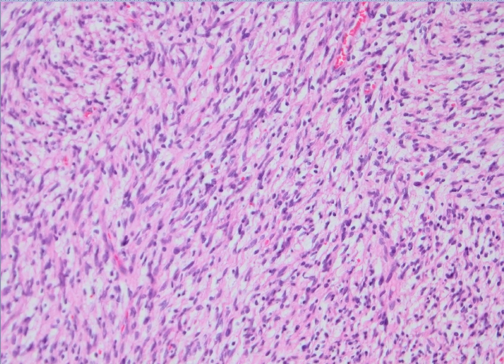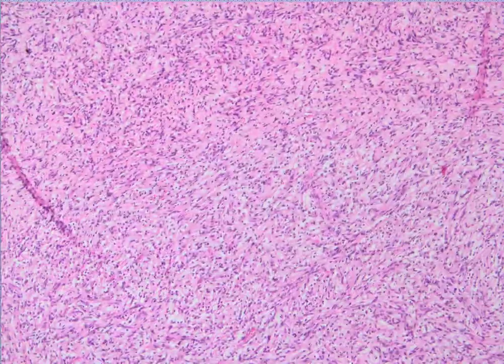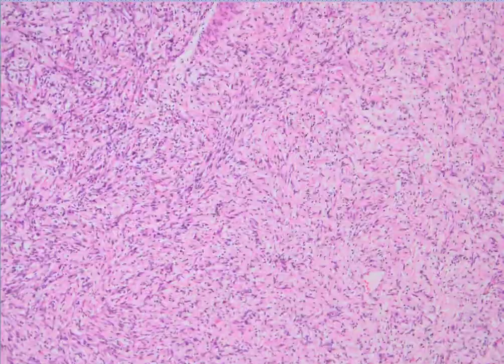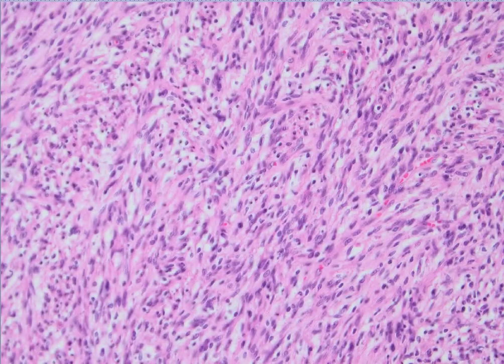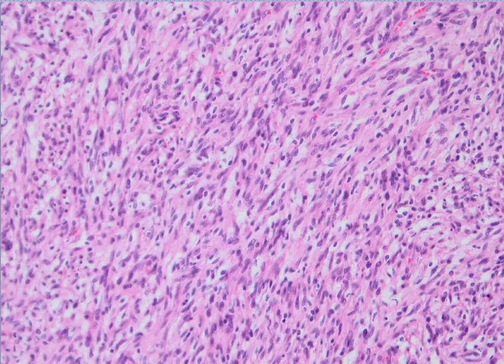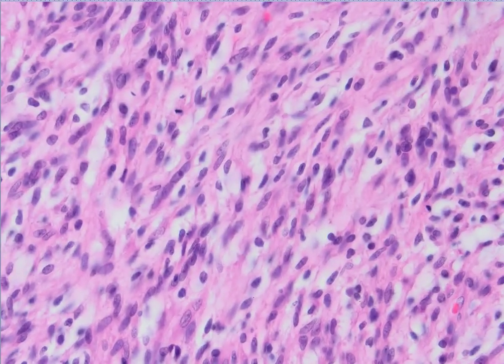And in this particular case, the decision of loss of architecture was not easy, but there were some additional concerning features, such as mitotic figures. And here we have a mitotic figure right here, and let me show it in high power.